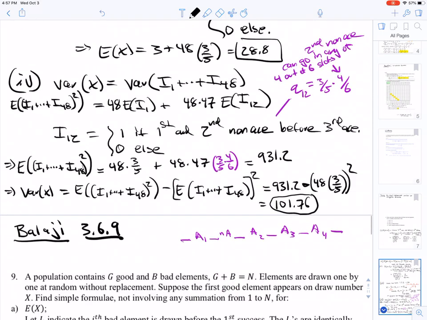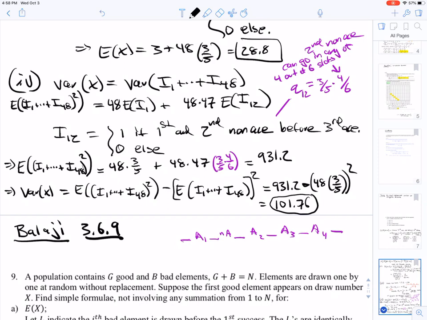To find the variance, we need to calculate the probability that the first and second non-ace are before the third ace. The probability that the first non-ace is before the third ace, we've already calculated. The probability that the second non-ace is before the third ace, given that the first non-ace is before the third ace, is 4/6.